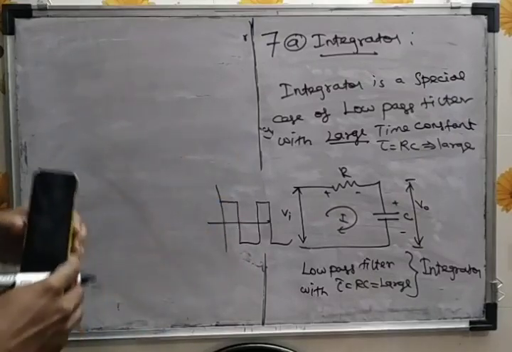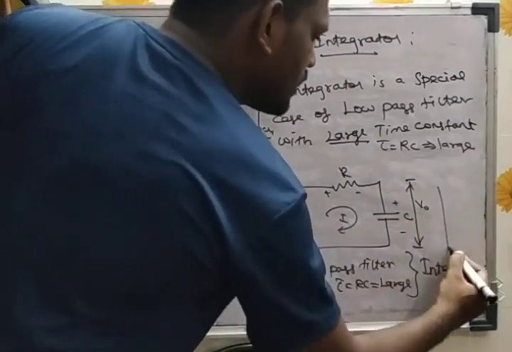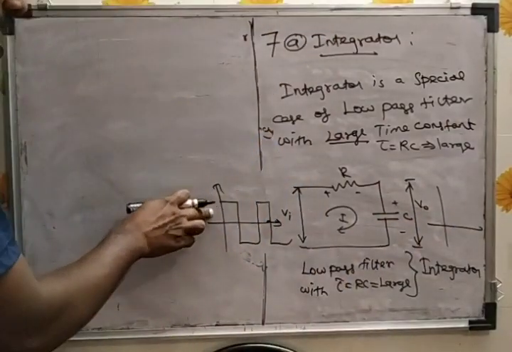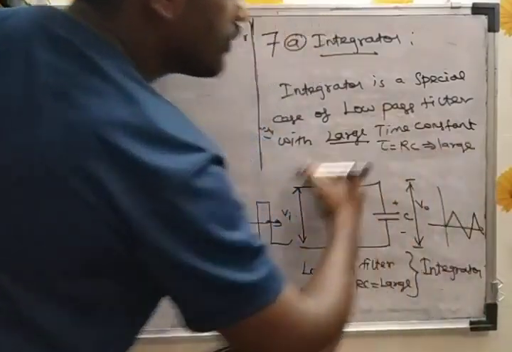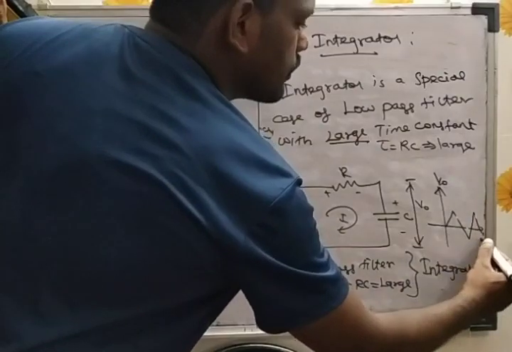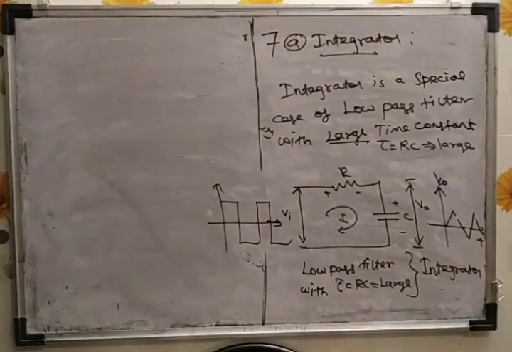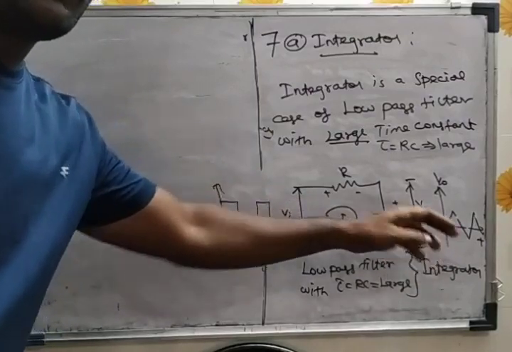Similarly, integrating a square wave gives a triangular waveform.